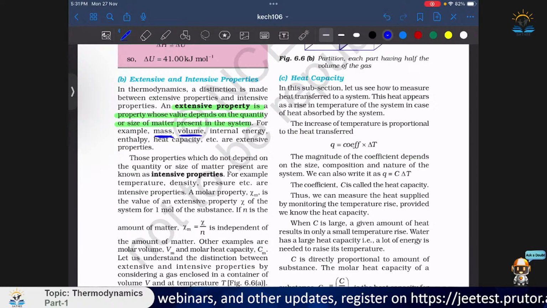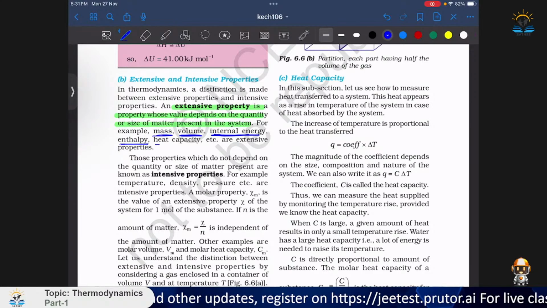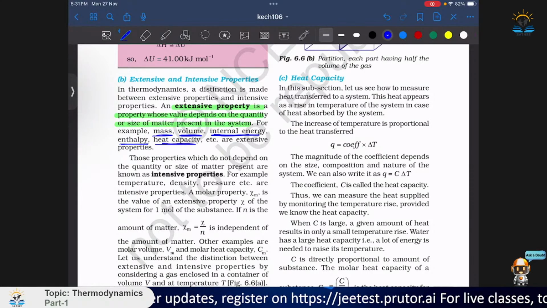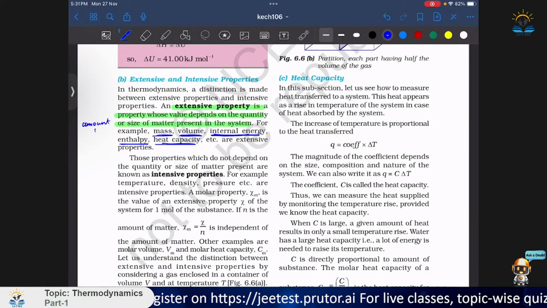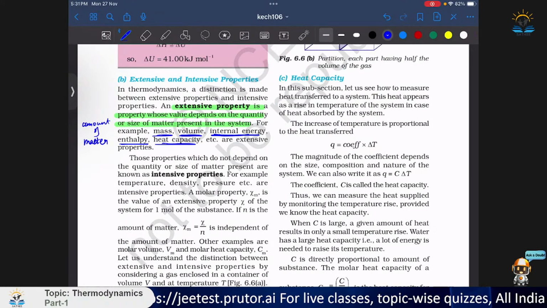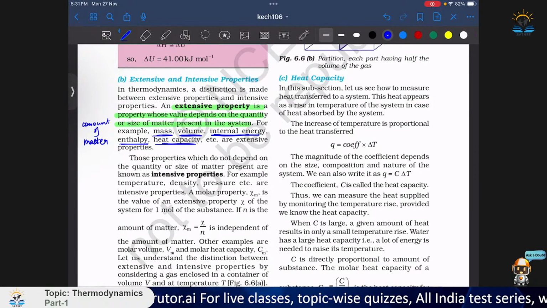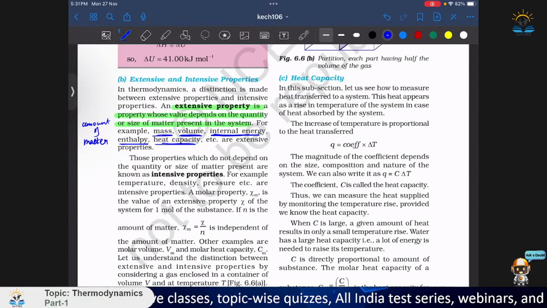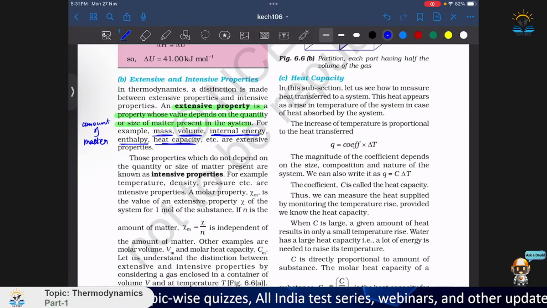Even your internal energy, enthalpy, heat capacity, all these depend on the amount of matter. So if the amount of matter is more, your mass will be more, your volume will be more, the internal energy that it is holding is also more. All of this depends on the amount of matter present in the system. They are extensive. Then we have something called intensive properties.